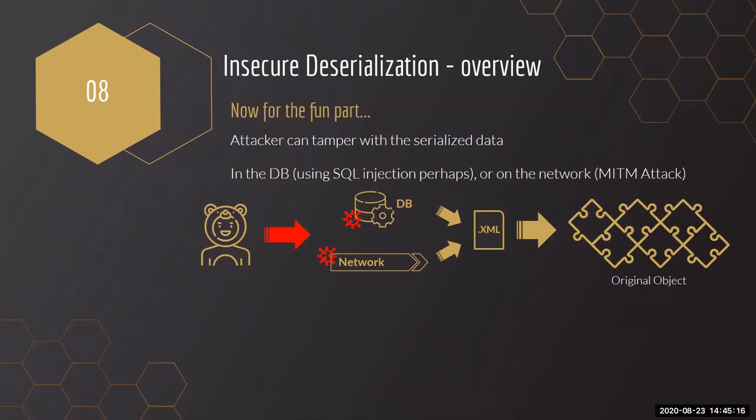So they change the data in one of those two places, in memory or as it's traveling over the network, which taints the resulting XML file that's being imported into your app, which then gets put back together into the original object. Your app doesn't know. There's no way to tell.